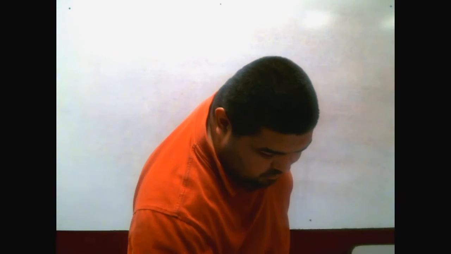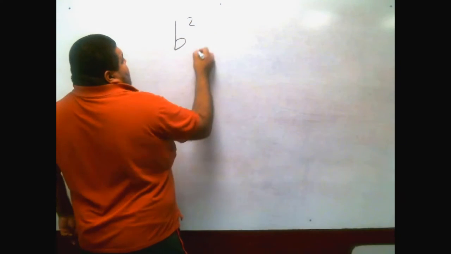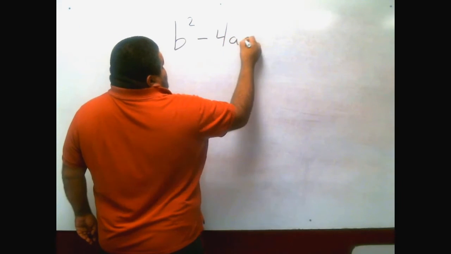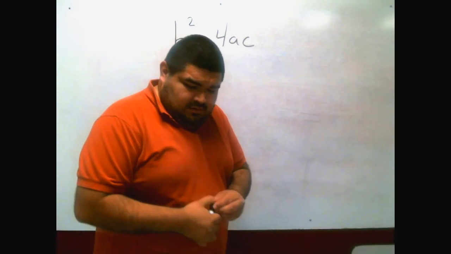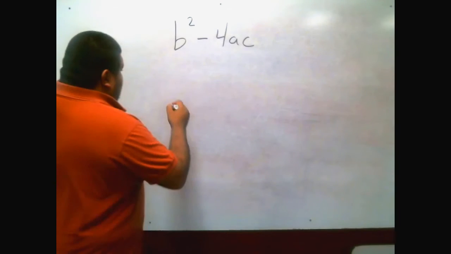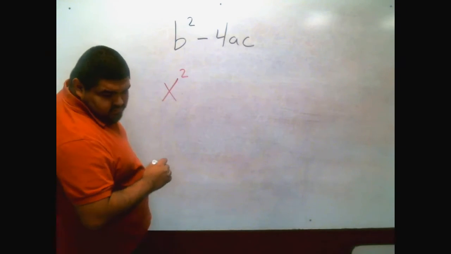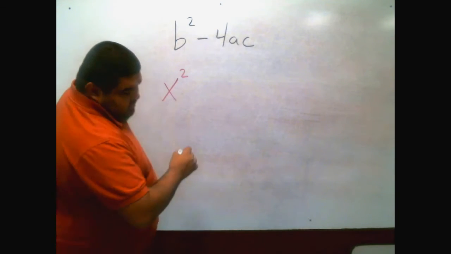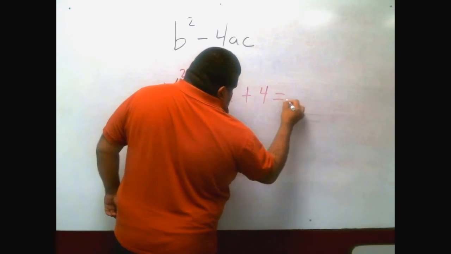So today we were only going to work with the discriminant, right? Which was b squared minus 4ac. Now it looks a little more simple. The problem we're going to deal with today is x squared plus 4x plus 4 equals 0.